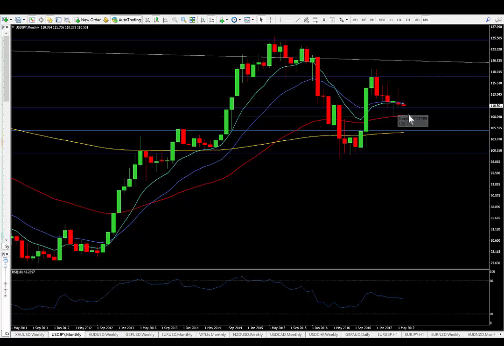Now do bear in mind that if this takes a little while to move across, this trend line will continue to get lower and lower, so that price of 120.30, etc. could change as price moves up to connect with it, depending on where it's able to get to and how long it takes it to do it in terms of creating a base. So that's just a long-term idea. Certainly won't be coming through anytime soon. At the moment, I'm looking at breaks of 110 and connections with 108.